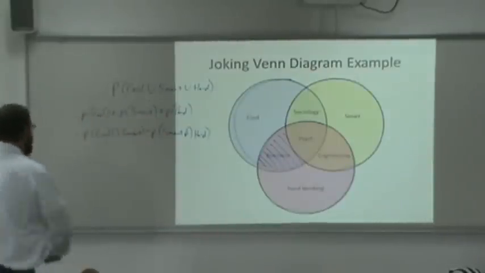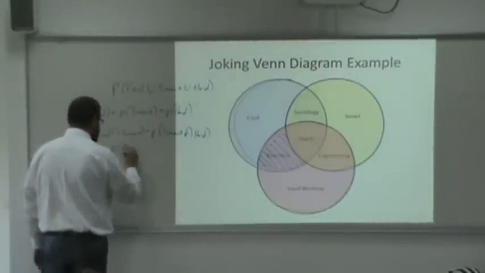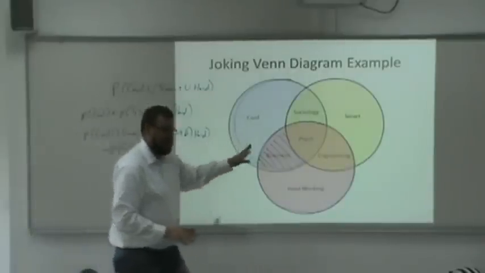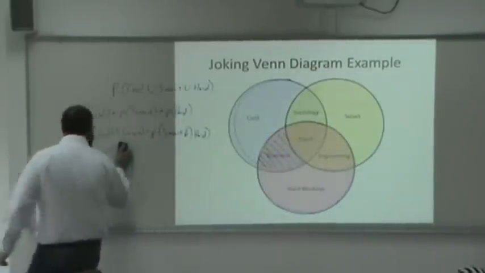So we need to get rid of this overlap. If someone would have said, okay, let's just minus probability of this region, I would accept that. That's true. You subtract that probability, and you're finished.